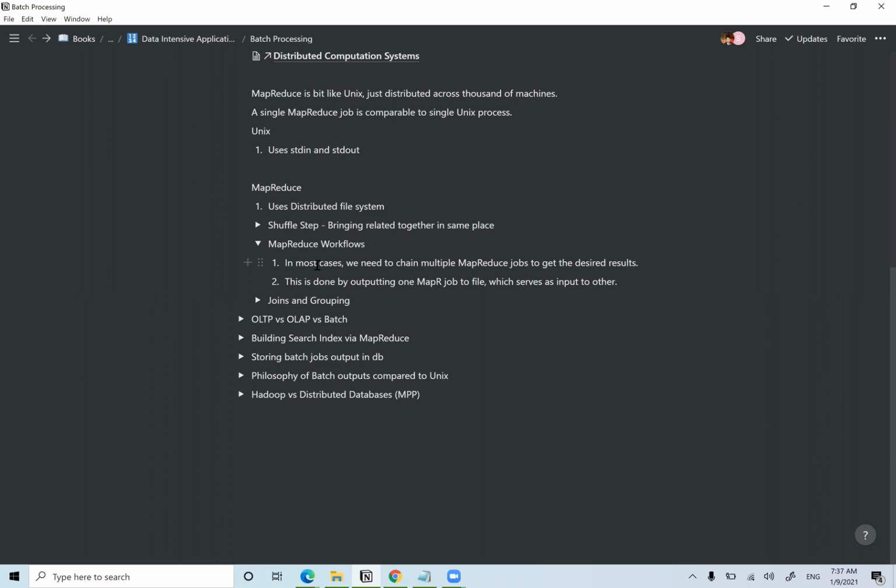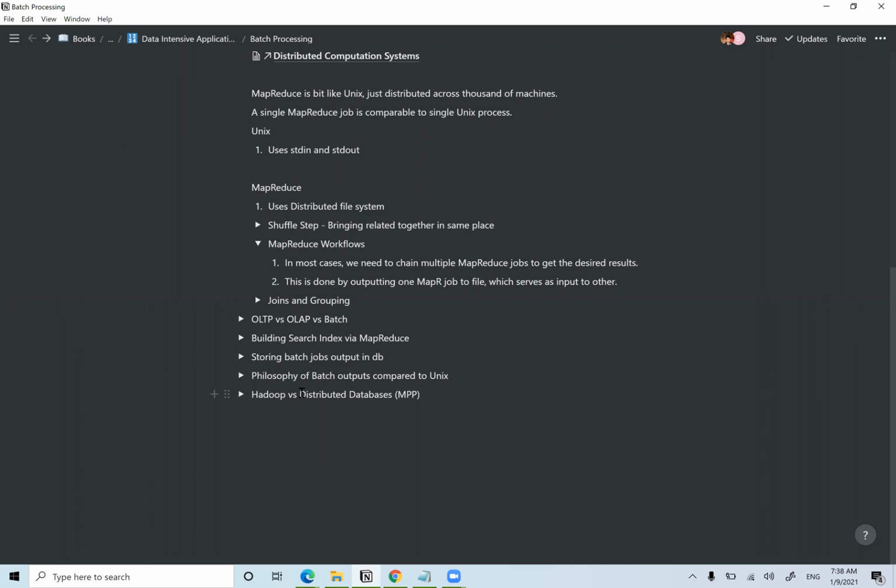And then we will discuss how Hadoop and batch processing is different from distributed databases, like OLAP databases, which are used to perform OLAP kind of queries. So how is Hadoop different from those, right?